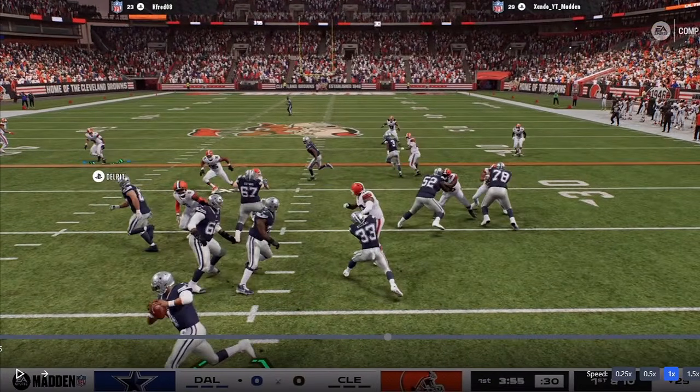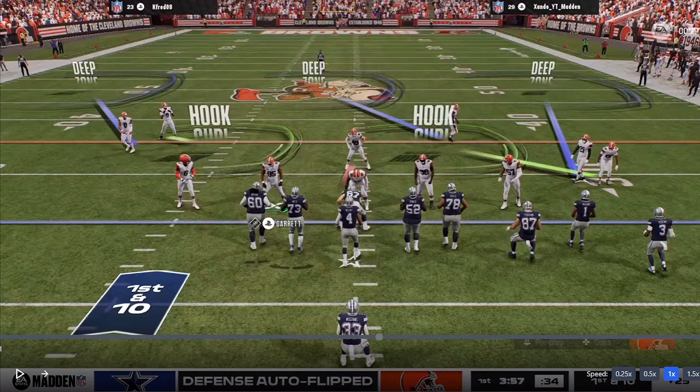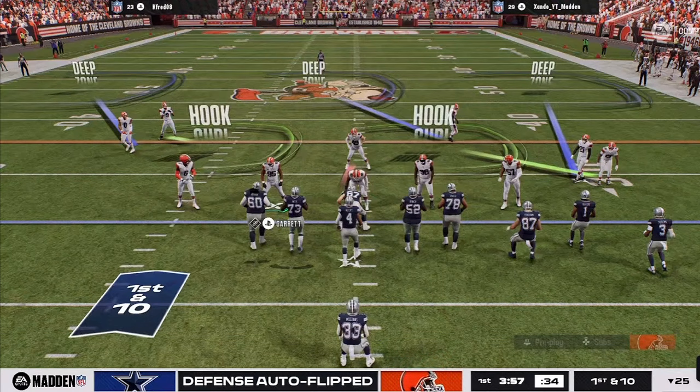So this is a game where I was running hot coverage because I've been playing around with it. And this is where you kind of notice what your opponent is doing and then you check into something to deal with what they're doing. I think one of the most important aspects of your game that you must have to deal with specific problems is to recognize what they are trying to do as early as possible in the game.